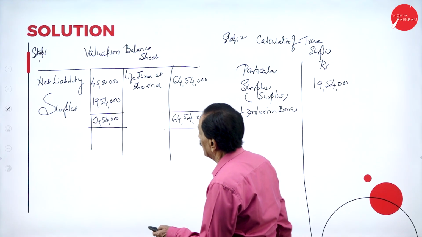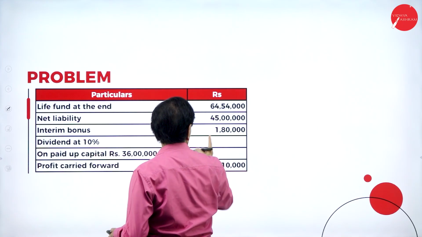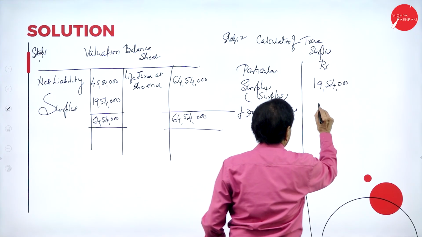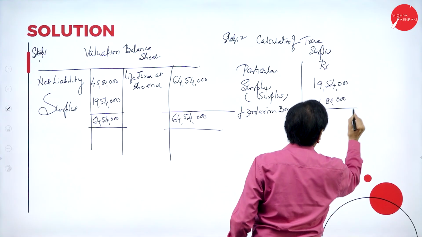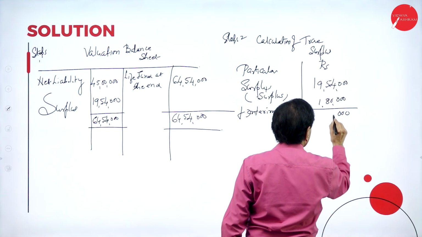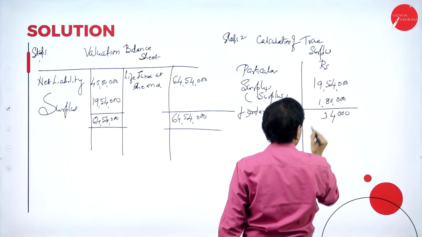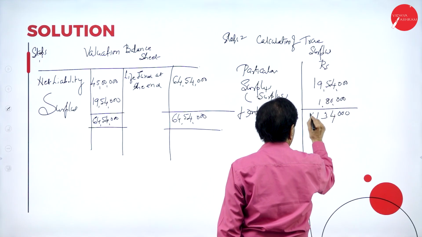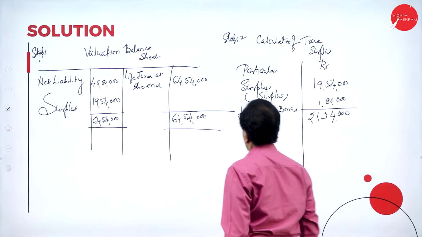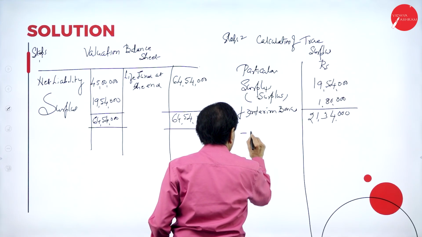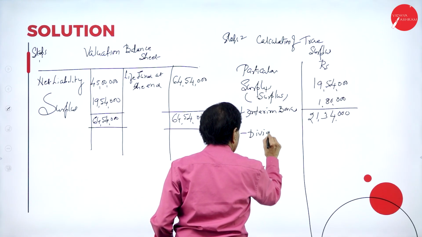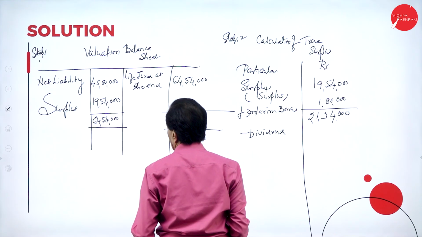What is your interim bonus? 1,80,000. Add. 21 lakh 34,000 minus dividend. How much percentage?